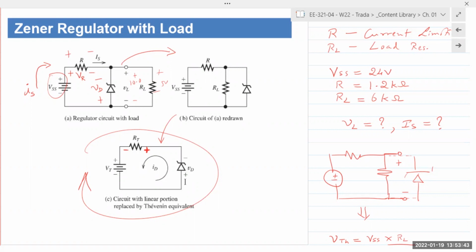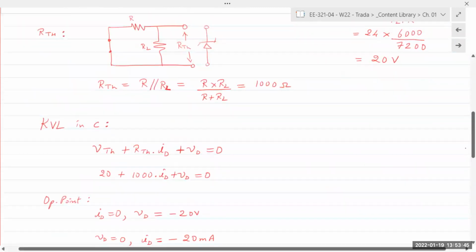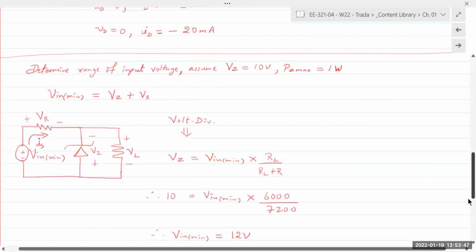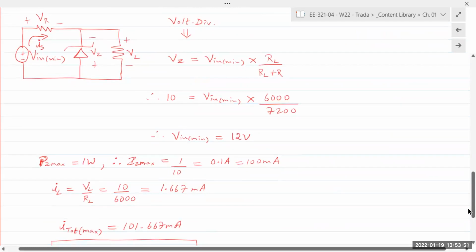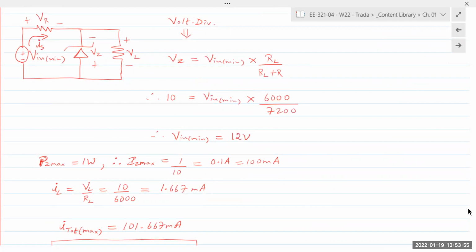Sure. So, oh, it skipped parts right there. If you look at the circuit diagram, IS, the source current, is split between the Zener current and the load resistance, RL. So if you apply KCL at the top, we get IS is equal to IZ plus IL. Now IL cannot change.